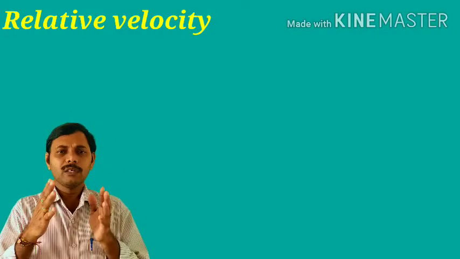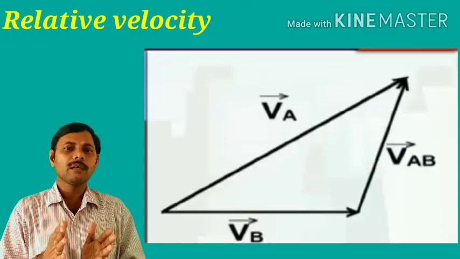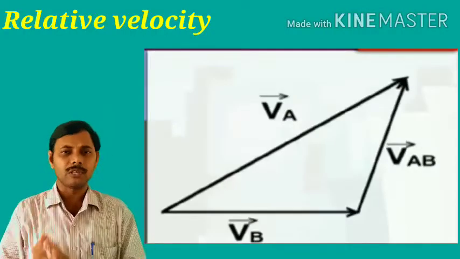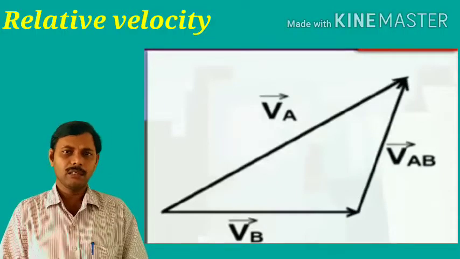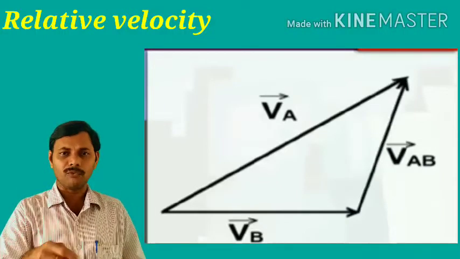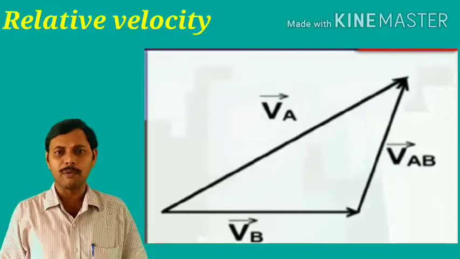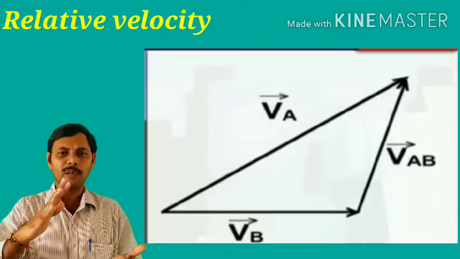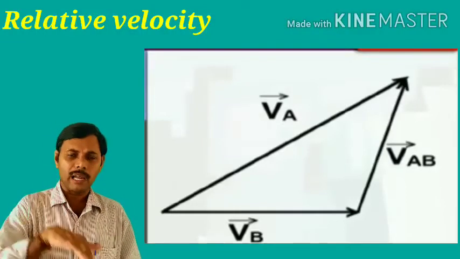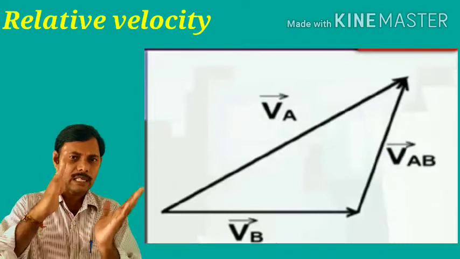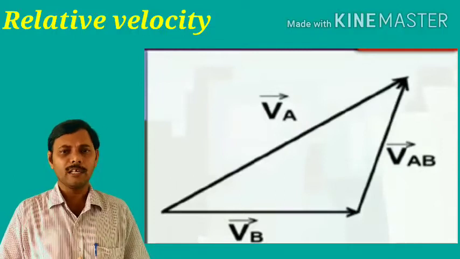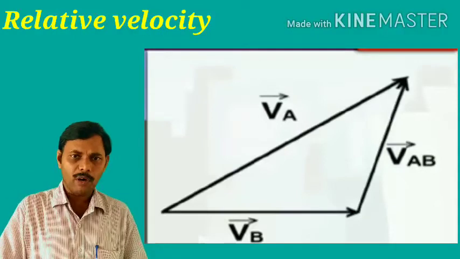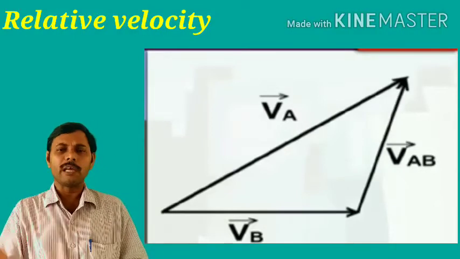If the two bodies are moving at a certain angle with each other, then the relative velocity is calculated by the resultant vector of VA bar and minus VB bar. If VA bar and VB bar are neither parallel nor anti-parallel and make a certain angle with each other, then the relative velocity is calculated by the addition of VA bar to minus VB bar.